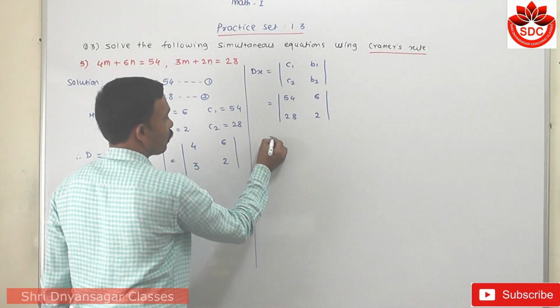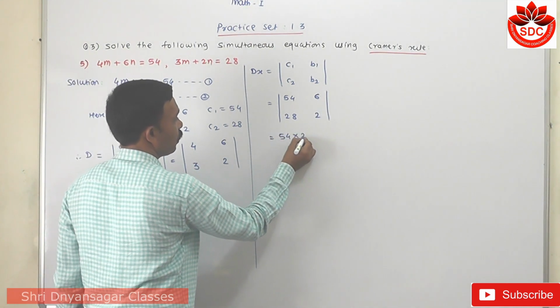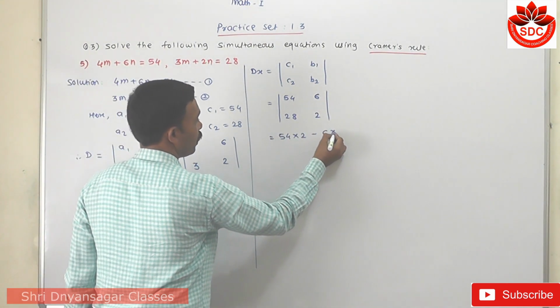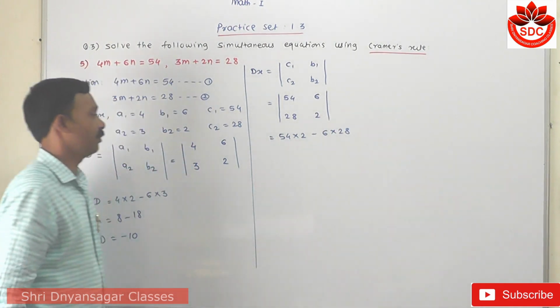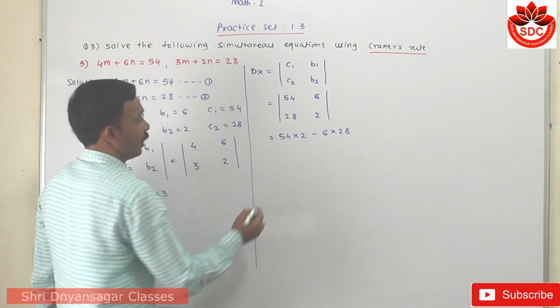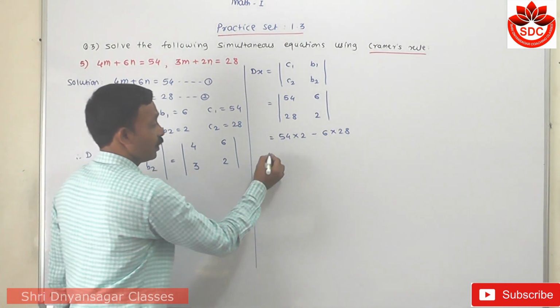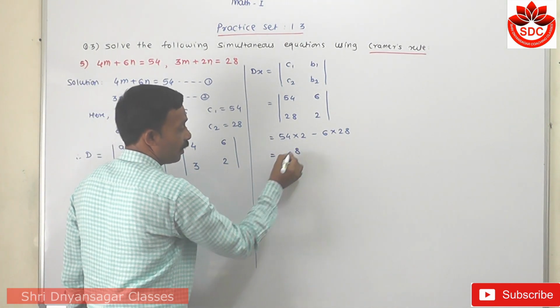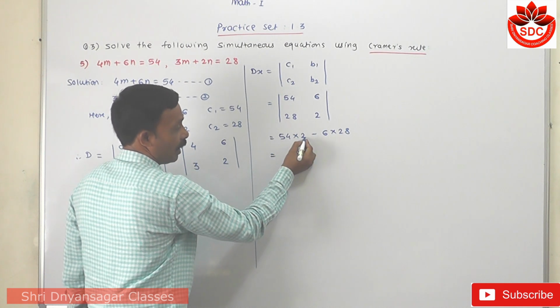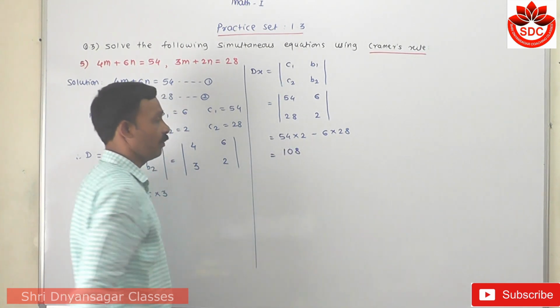Then the cross product is 54 into 2 minus 6 into 20. Then 54 into 2 is 108.